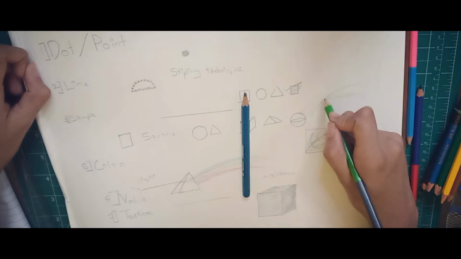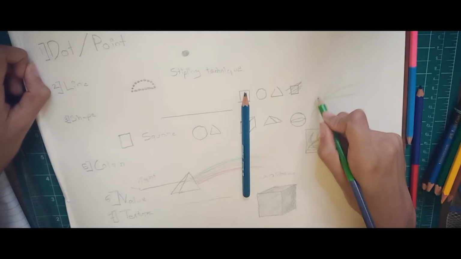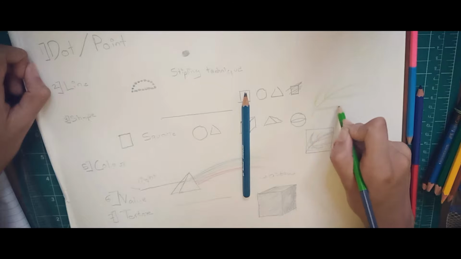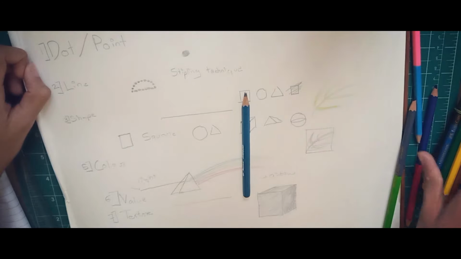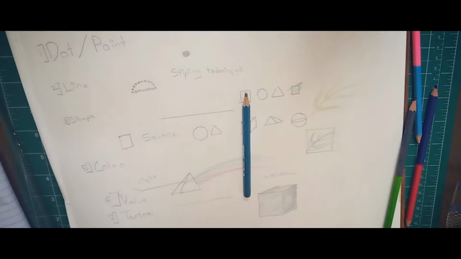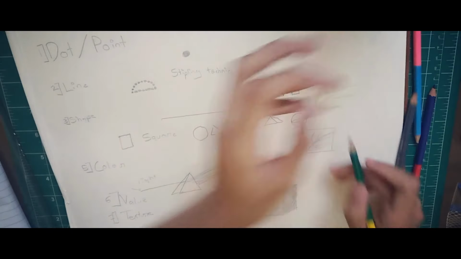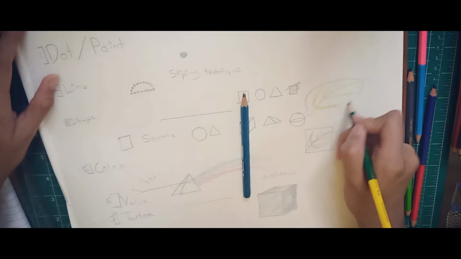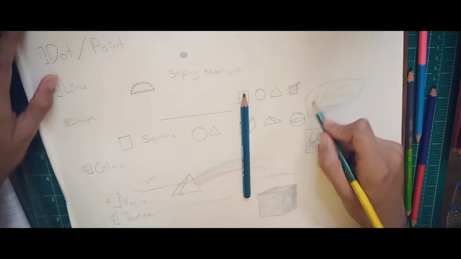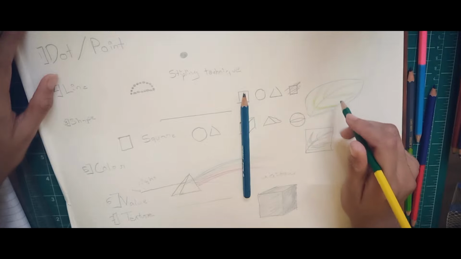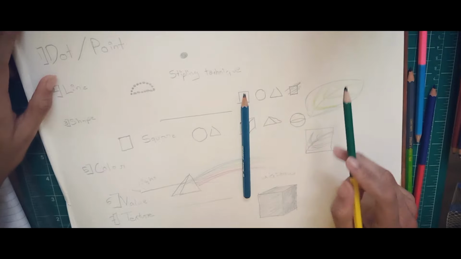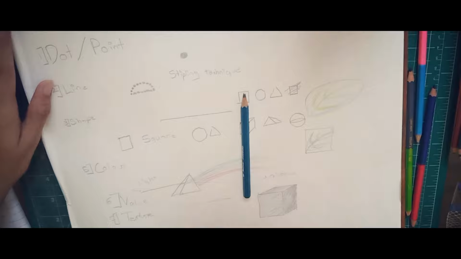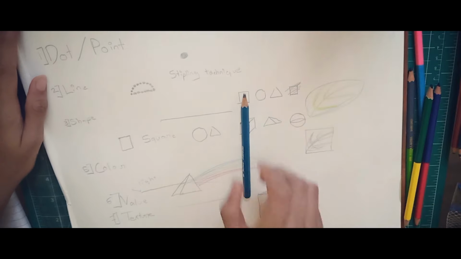So basically, this is the texture of a leaf. But the thing is, this is the texture of the leaf, but this is the leaf. The texture and the leaf are different. The texture of the leaf is, you feel those lines as you slide your finger across it.